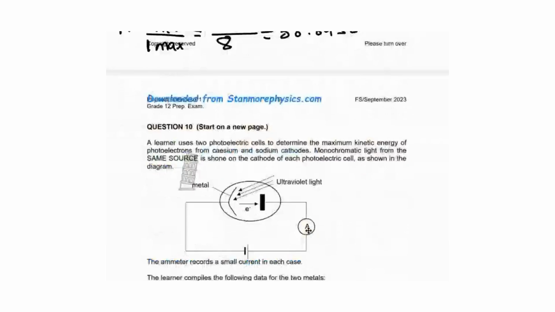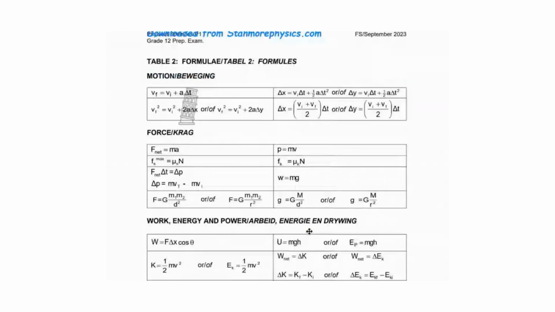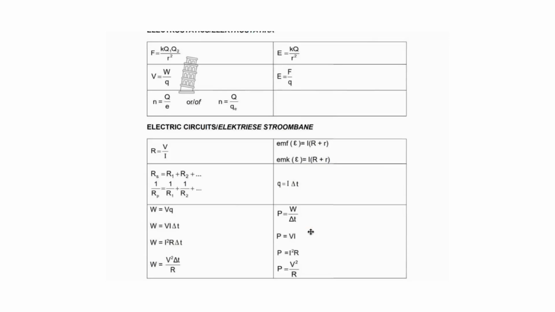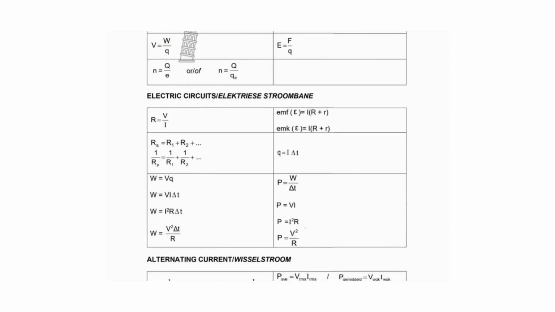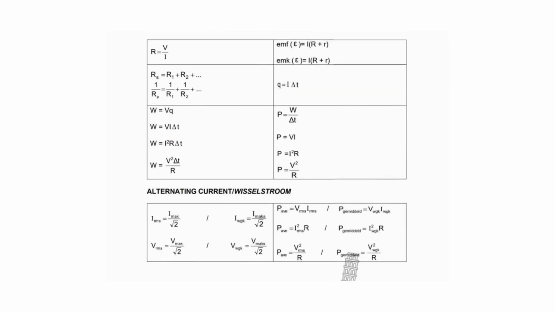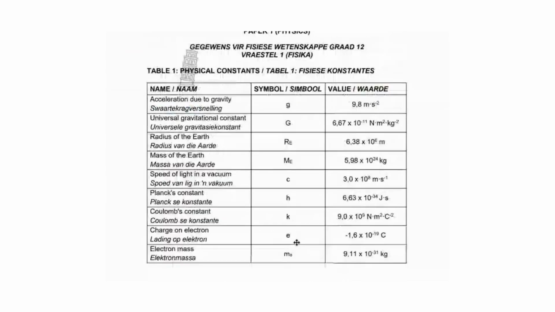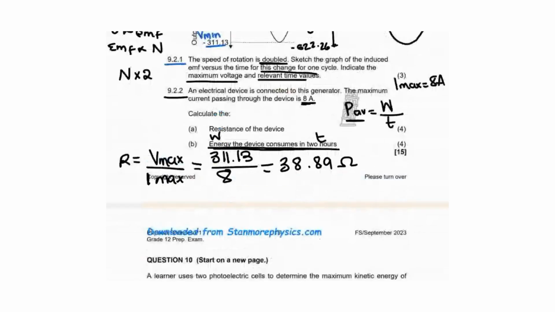We have multiple formulas that we can use for P average. I'm just going to scroll down for us to pick the most suitable one. We have P average is VRMS times IRMS. P average is I squared times R. Okay, we can use that one. You can use any as long as you have all the values for the parameters.